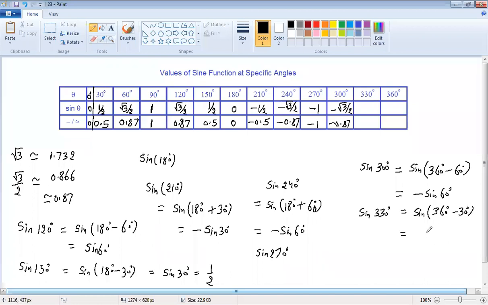That is equal to minus sine 30. And that means minus half, or in decimal form minus 0.5. And finally sine 360 degree, actually it will be 0 back. In maths class tomorrow we can see it, just remember it. So this is the table. I have taken the values of the angle as multiple of 30 degree. It will be easy for drawing the graph now. So I think this much is clear to all.